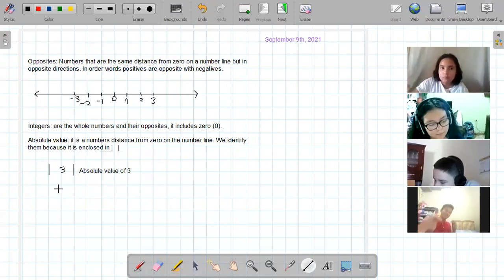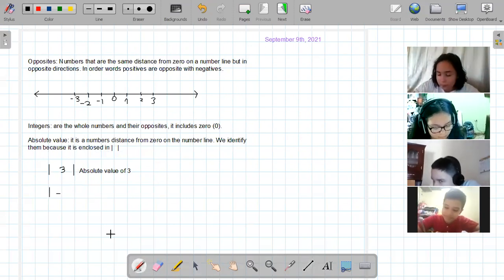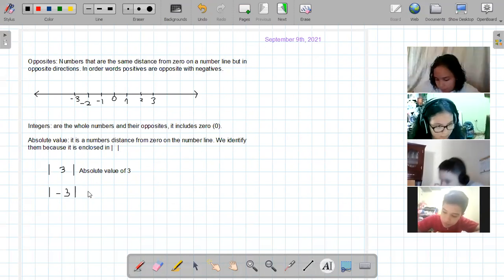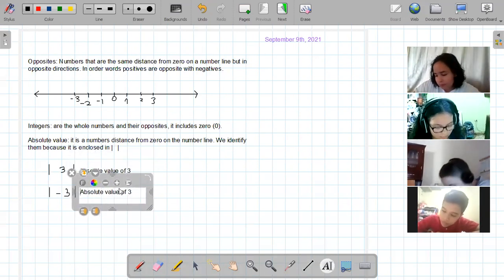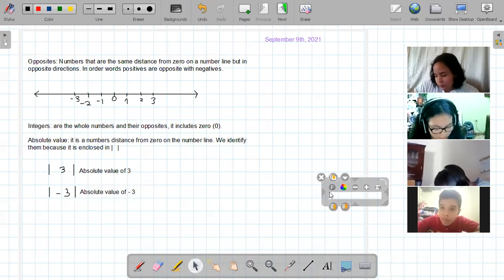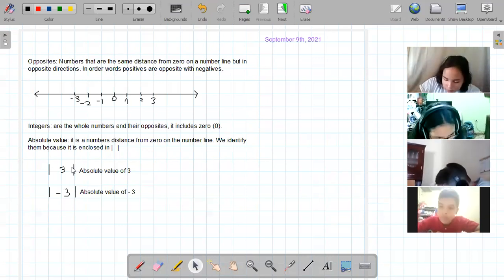So for example, we can have the absolute value of negative 3. And that's how you read it. Absolute value of 3. Absolute value of negative 3.